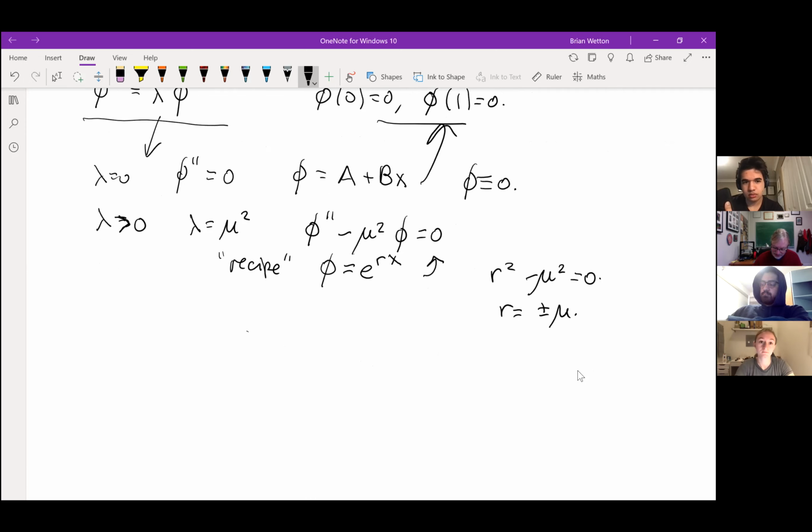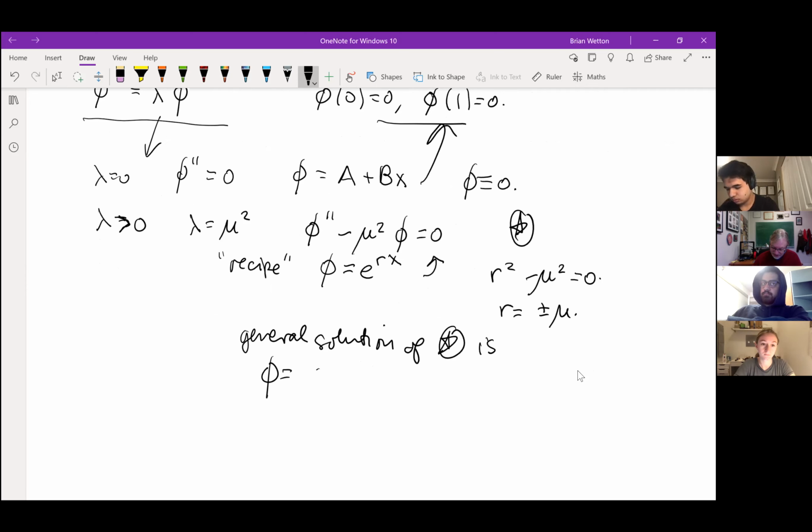And that tells you that the general solution of this thing that we wrote down, which is the eigenvalue problem, is phi is some constant e to the mu x plus some other constant e to the minus mu x.